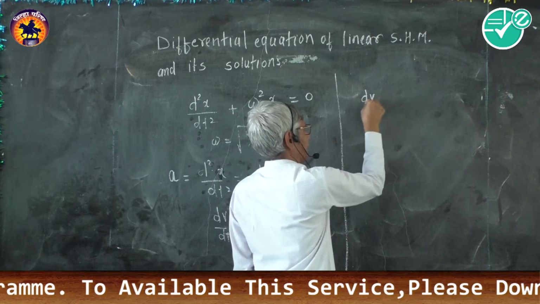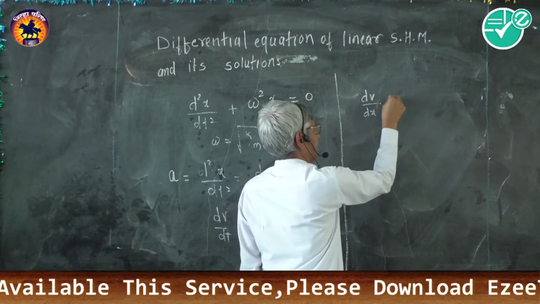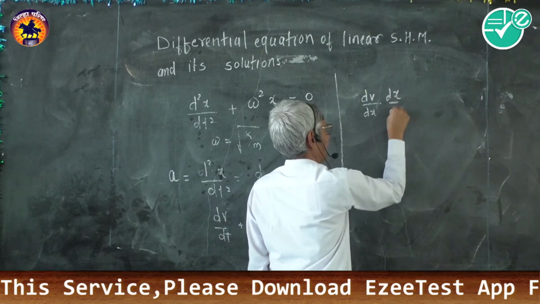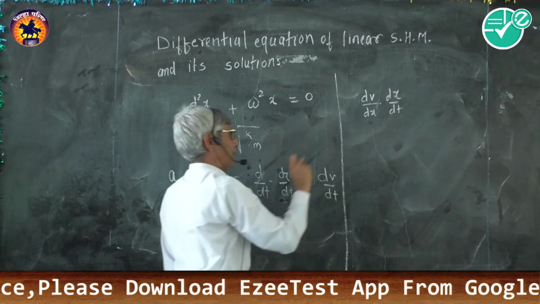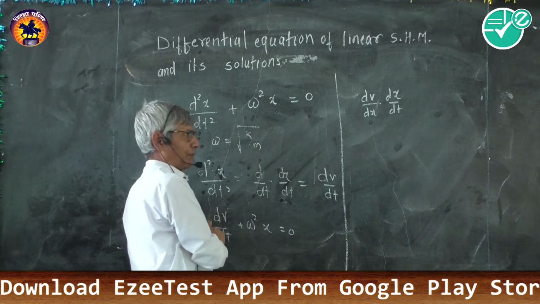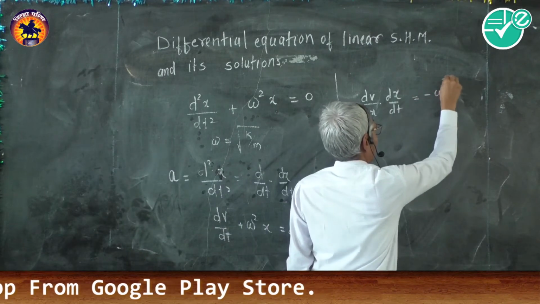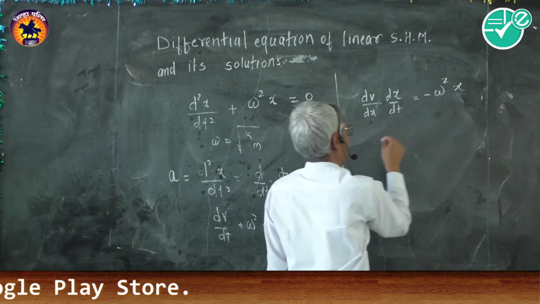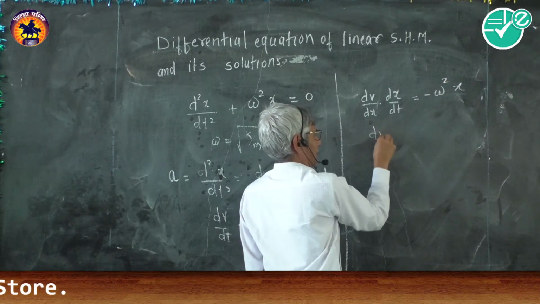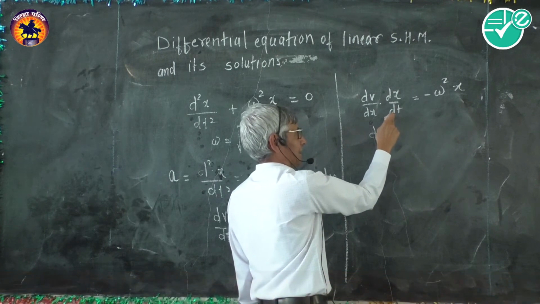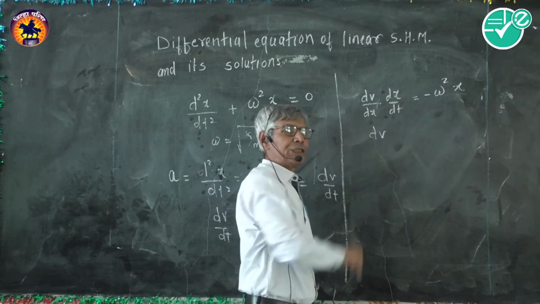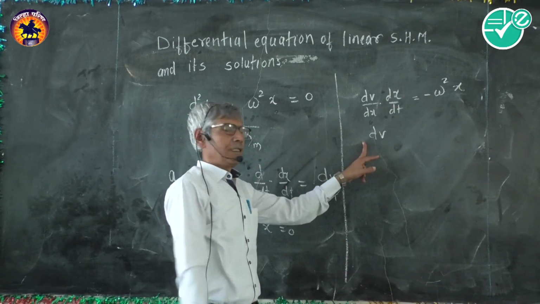rearranging the equation, multiplying and dividing by dx, this term dv by dt is equal to minus omega square x, or dv by dx into dx by dt, where dx by dt, rate of change of linear displacement with respect to time, is taken as linear velocity.